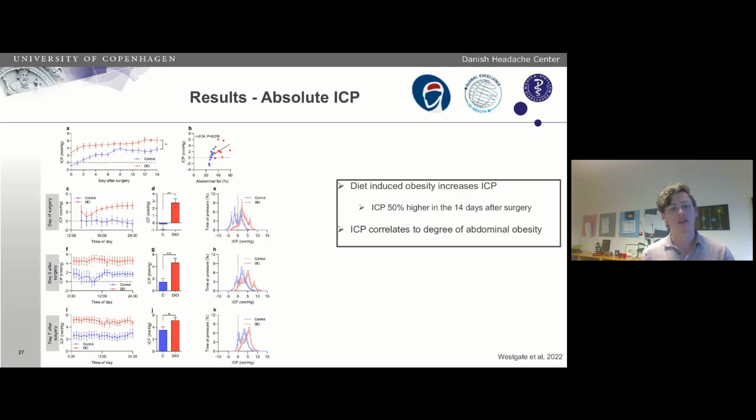So onto what it does to intracranial pressure. Diet-induced obesity does increase intracranial pressure, not to a degree of it being pathological, but to still raise. And one thing that I think is quite nice here is that ICP in these rats correlates to the degree of abdominal obesity, which is what we also see in humans.